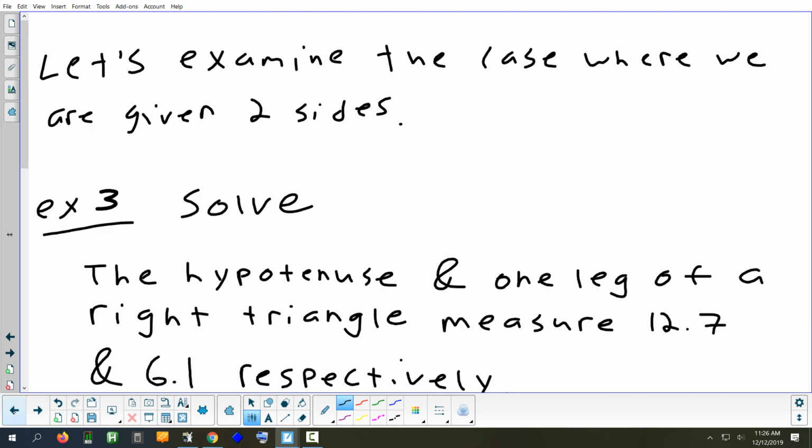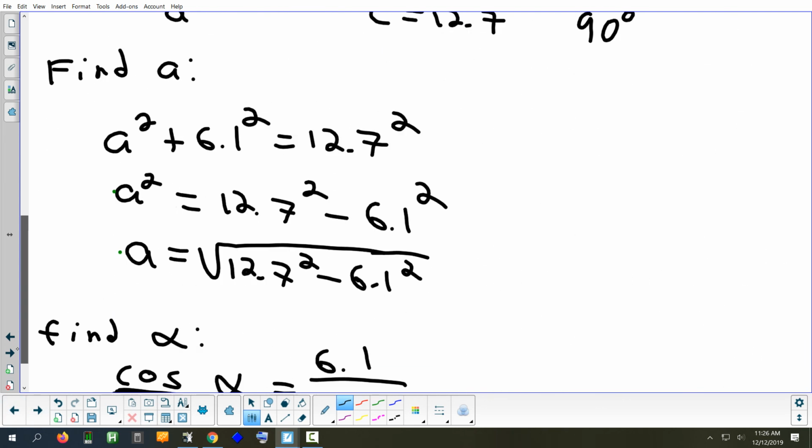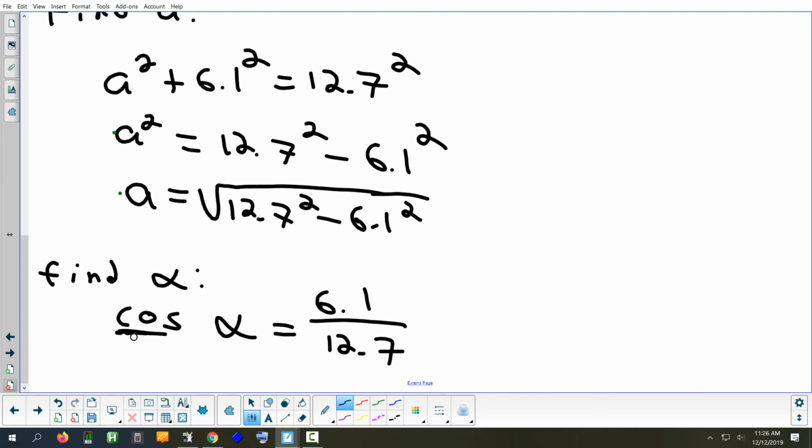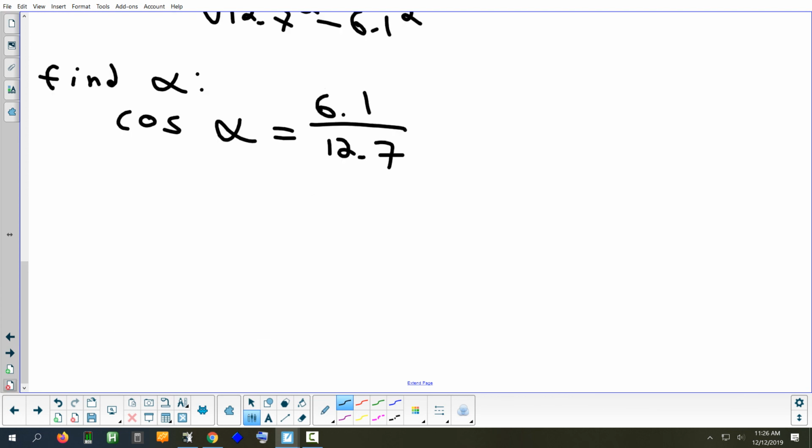All right, so let's finish this one up. To get cosine by itself, what trig function do we have to use? Inverse cosine. Now, I'm kind of picky about how you say it. If you had this, you'd say you square both sides.